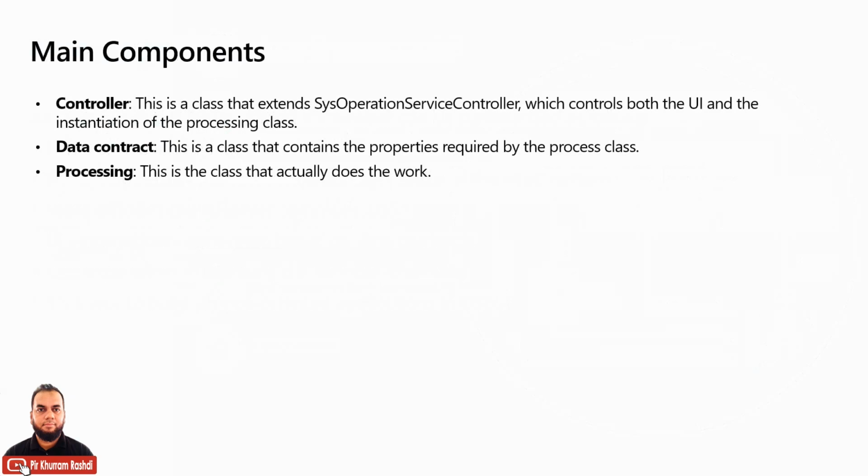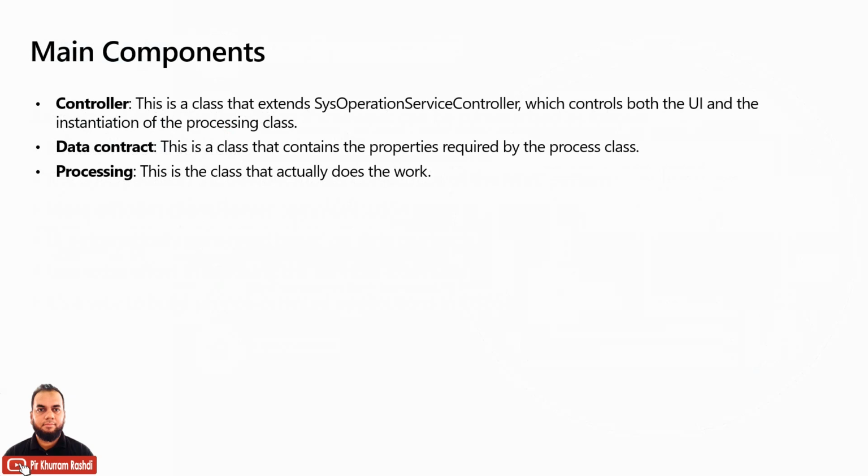The main components include the controller class. For those familiar with the SSRS controller, it is the same one here. It is used to control the user interface and the instantiation of the processing class. In SSRS, the controller was used to select the correct design based on dynamic values or parameters.